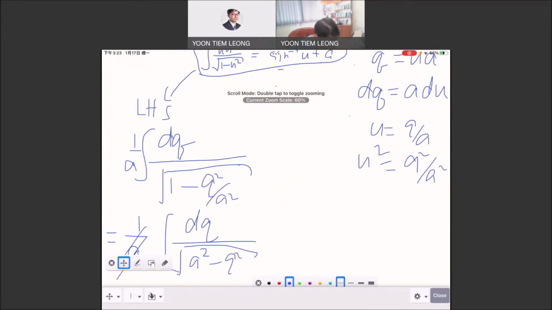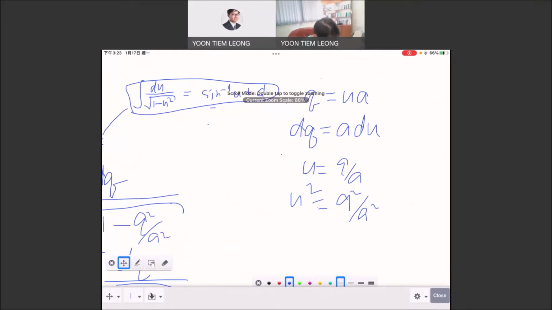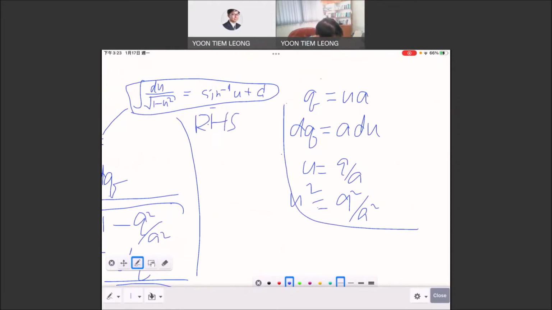Now I have to come back to the right hand side. Let me work out some space for it. The right hand side formula is arcsine of u plus c, where u is q over a. So now I have everything expressed in terms of q.